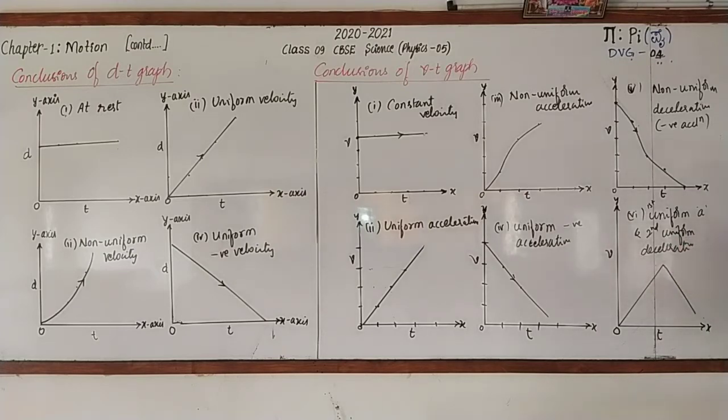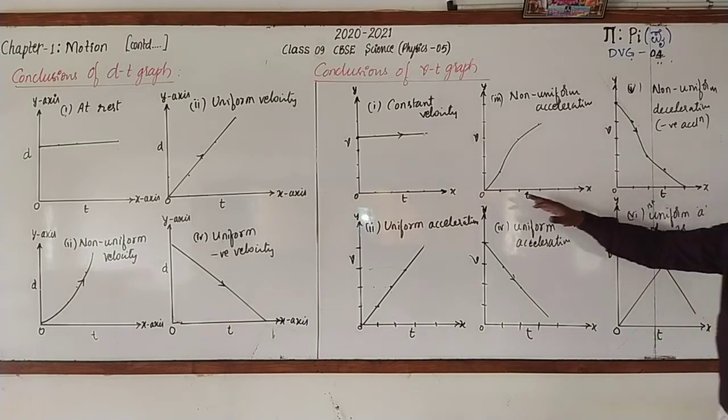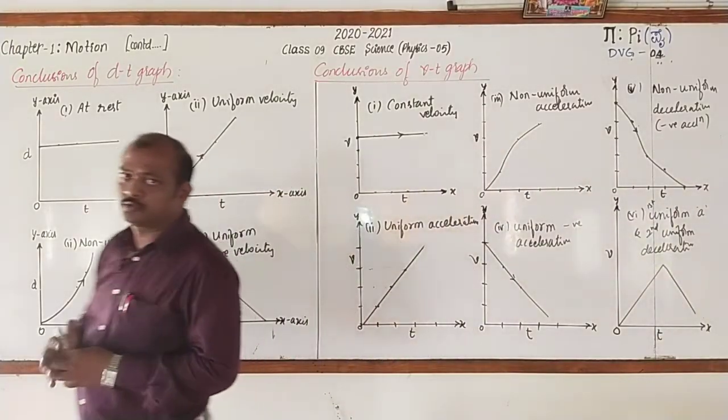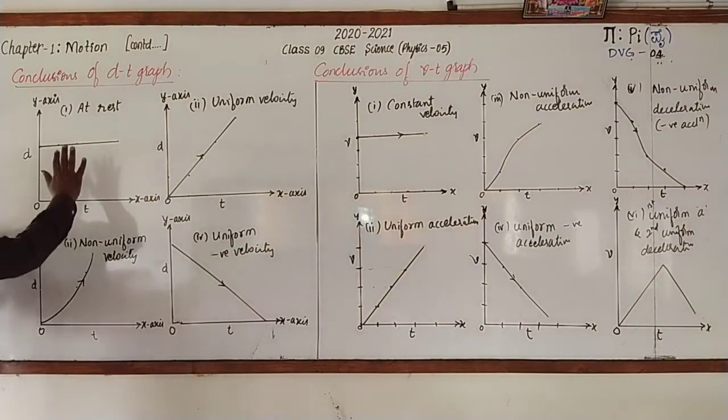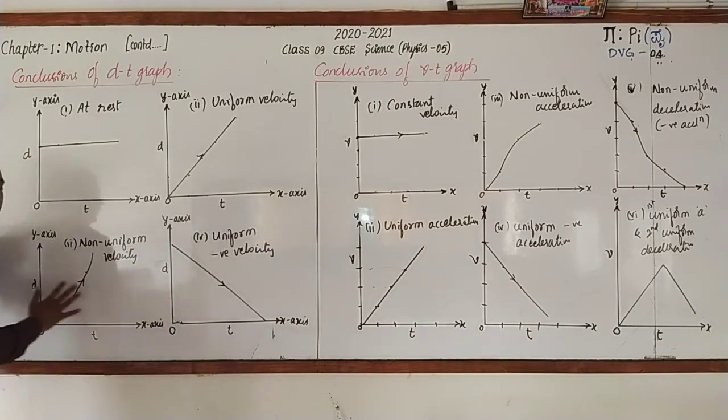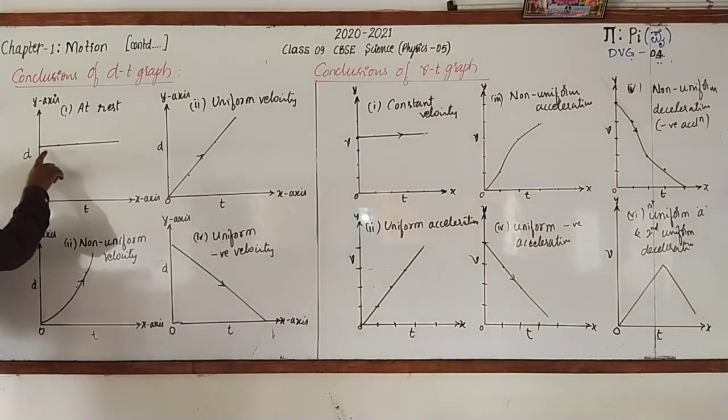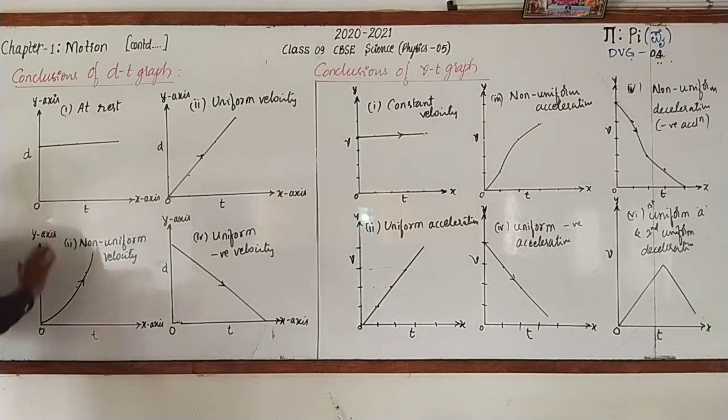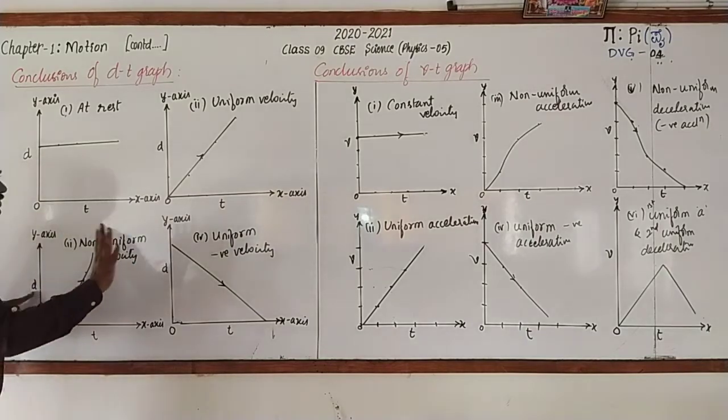I hope that you all have understood this. Once we shall go through all these conclusions. In this, these are all dt graph. In the dt graph, if a line is drawn parallel to x-axis, you can say that the body is at rest. If a body is covering unequal distances in equal intervals of time, it is non-uniform velocity or non-uniform motion.